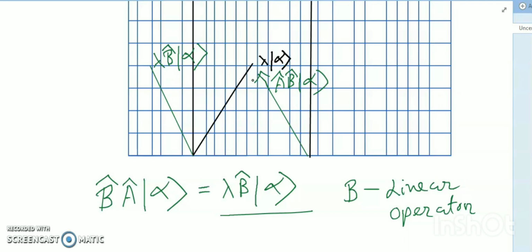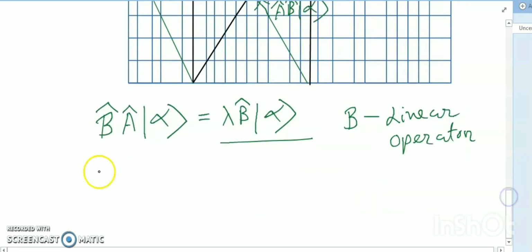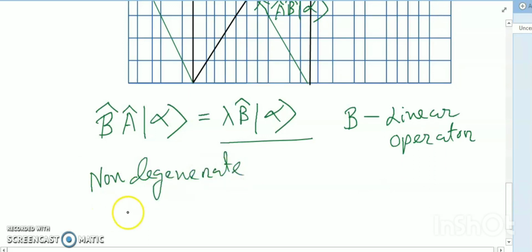Now we have two cases here: non-degenerate and degenerate eigenvalues. One is the non-degenerate eigenvalue, and the other is the degenerate eigenvalue.